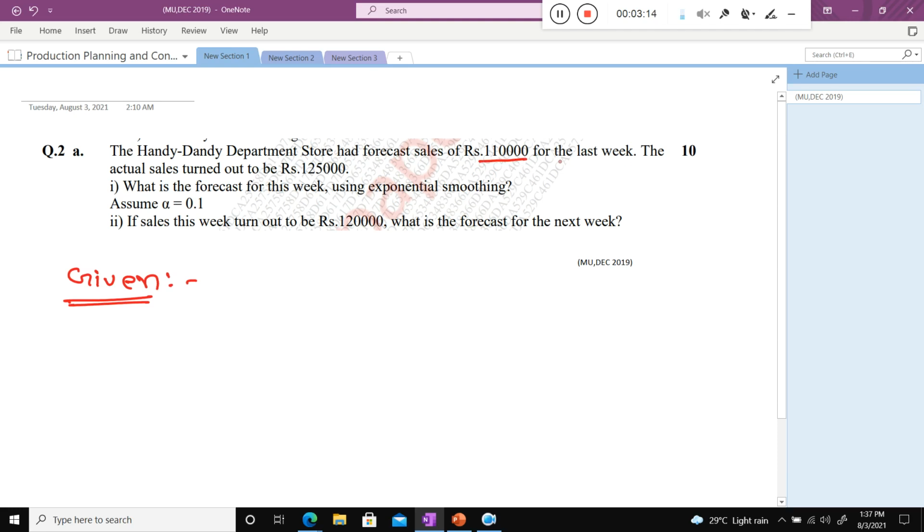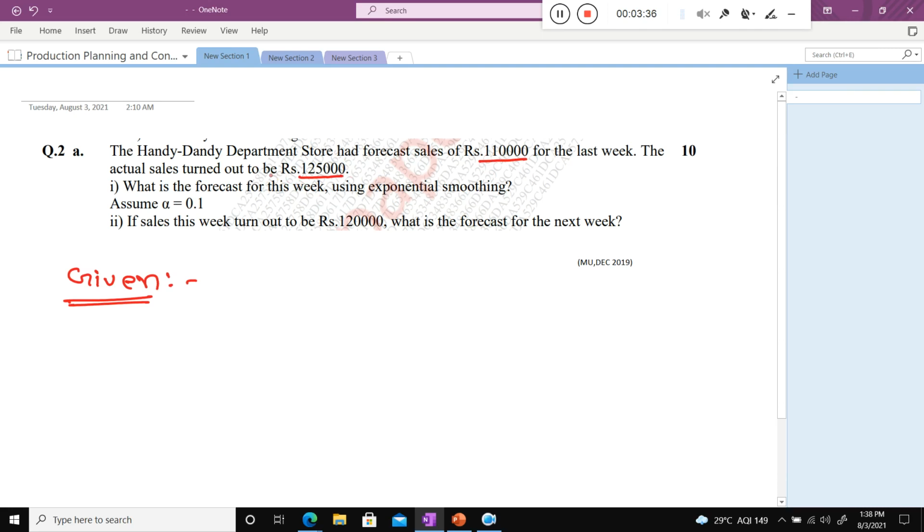That is the forecast they predicted last week, 1,10,000, but the actual sale is 1,25,000.